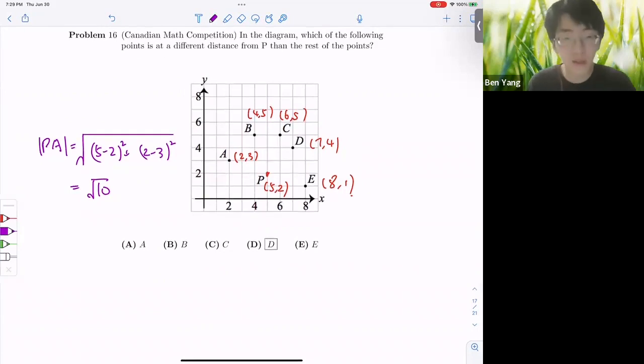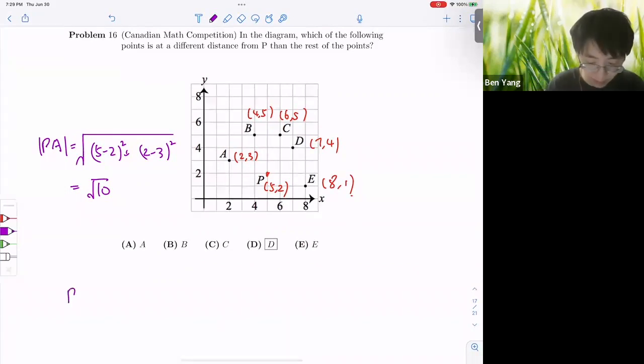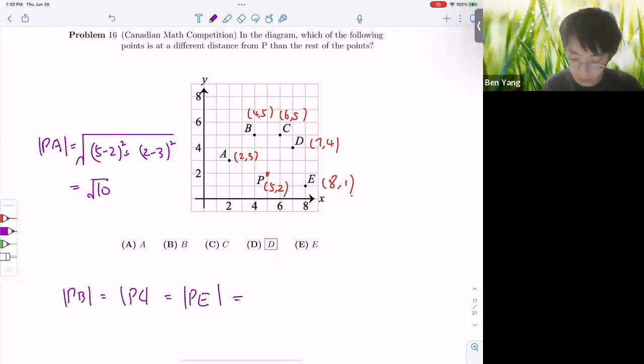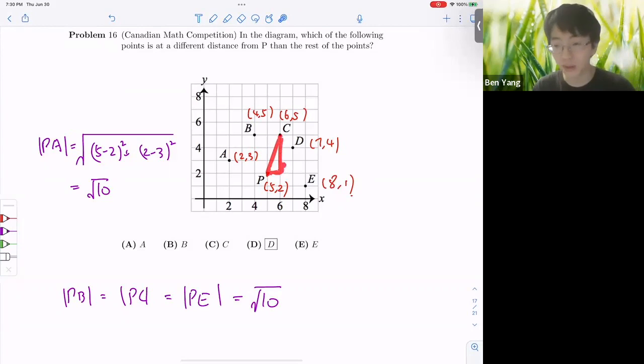Similarly, you can find all of the distances here. You will see PB, PC, PE, they're all equal to root 10. Well, actually, you can just look at the graph. For example, for PC, you can see there's a right triangle with two legs, 1 and 3, so the hypotenuse should be root 10.